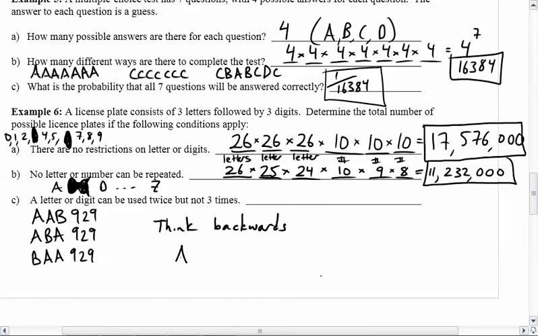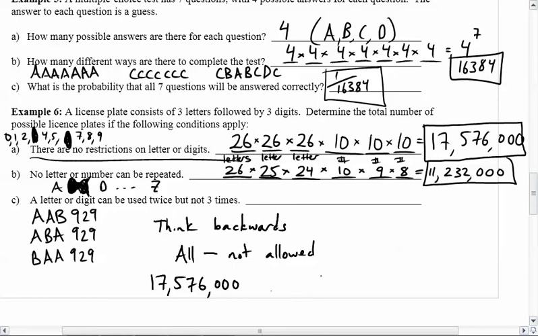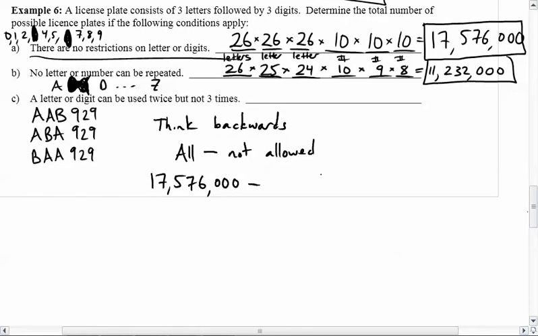So maybe if I think backwards. Let me start with all the possibilities, which we found in part A, and take away all the ones that are not allowed. So all the possibilities was 17 million 576,000 license plates. I'm going to take away all the ones that are not allowed.